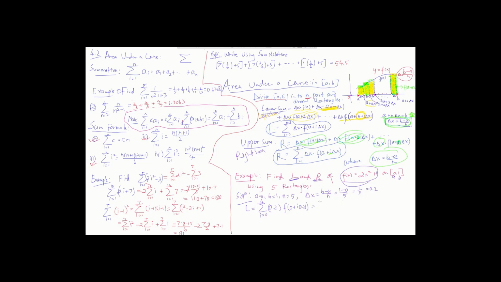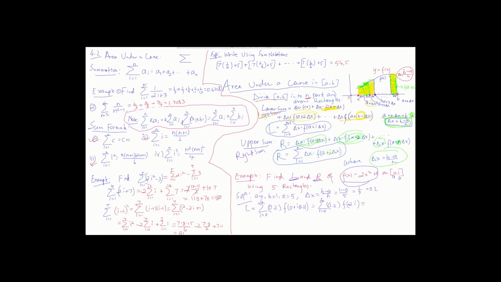So how does that look? You write i runs from 0 to 4, you see that? And then 0.2 times f of 0.2i, right? So what is f(x) though? f(x) is 2x squared plus 1.